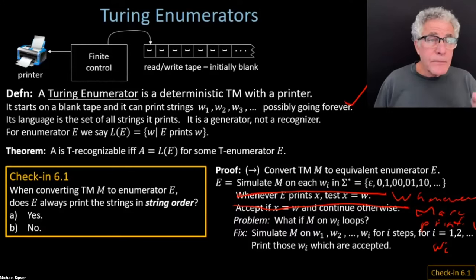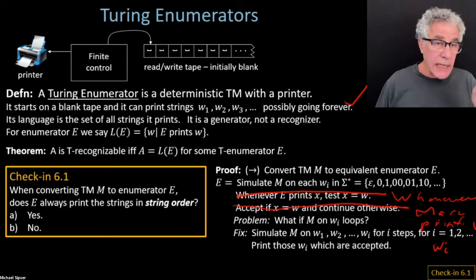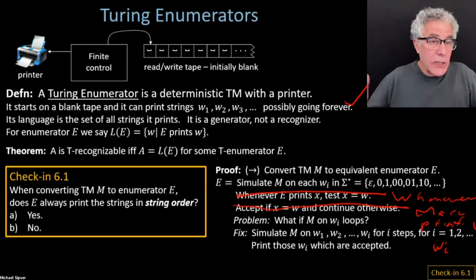It really is if M accepts some strings more quickly in fewer steps, then E might end up printing out that string earlier in the list than some other string that might be a shorter string, because the order in which E is going to identify that M is accepting those strings depends upon the speed with which M is actually doing the accepting.